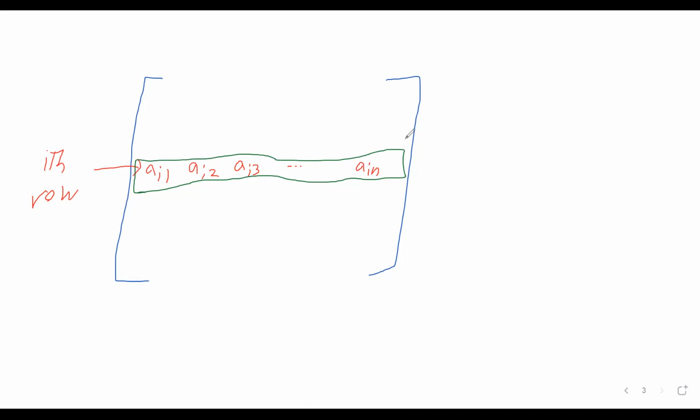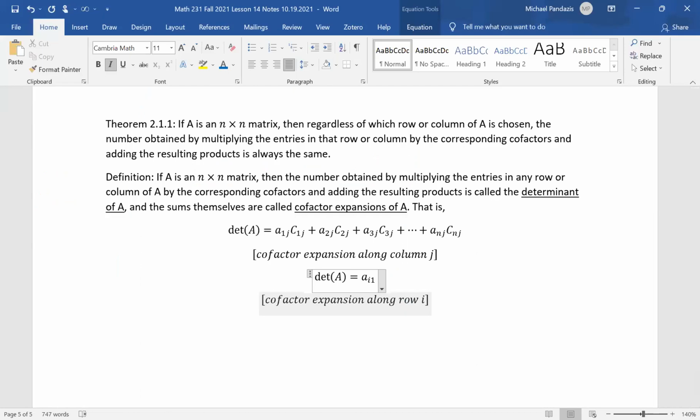You take each of those entries, multiply them by their corresponding cofactors, add the products, and that's also the same value as the determinant of the matrix. And so you have AI1 CI1, plus AI2 CI2, plus AI3 CI3, plus ... plus AIN CIN.